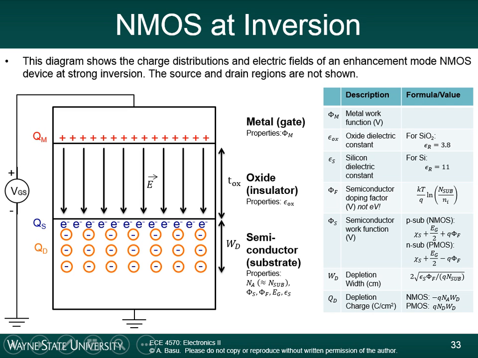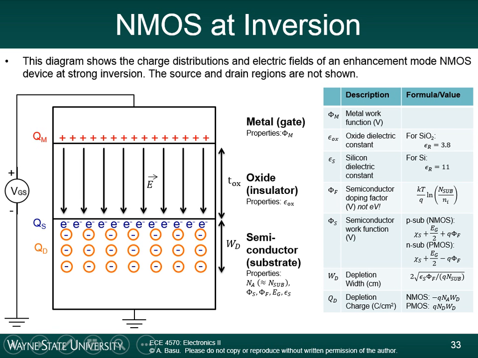The semiconductor work function is also given in volts. Sometimes I actually see the semiconductor work function given in volts or electron volts, so it'd be a little bit confusing sometimes, but I'll make sure that I clarify it in any of the questions that I give you. So the semiconductor work function is phi s.